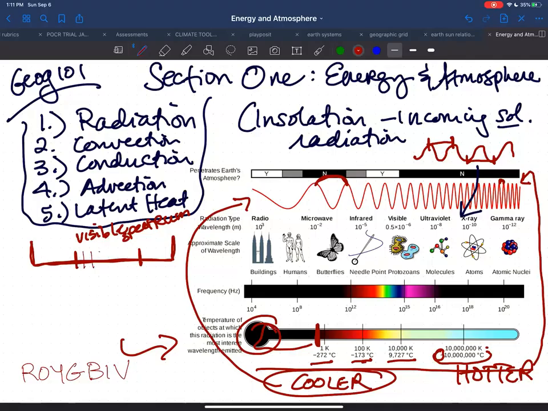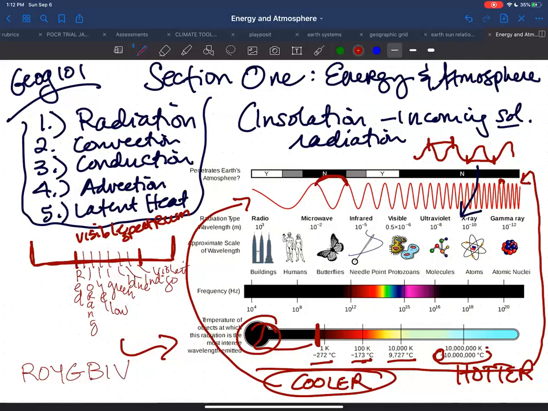R-O-Y-G-B-I-V. Okay, so it will look like that. So R is for red, orange, yellow, green, blue, indigo, and violet.